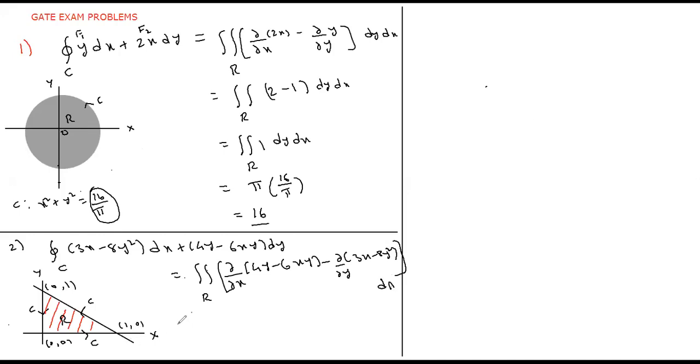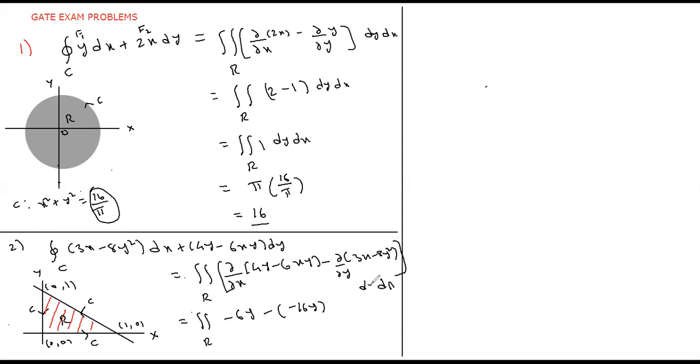So this is going to be equal to the double integral over R of dou f2 by dou x. When you are differentiating with respect to x, the derivative of 4y is 0, so this is minus 6y. Am I right? Yes. Minus dou by dou y: differentiating with respect to y, the derivative of 3x is 0, and minus 8y square gives minus 16y.